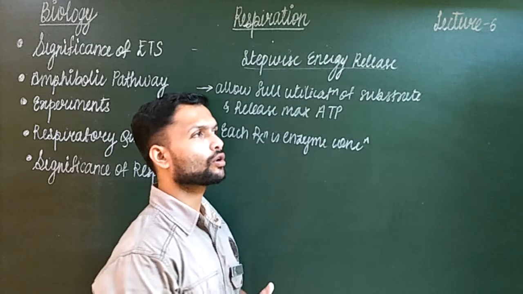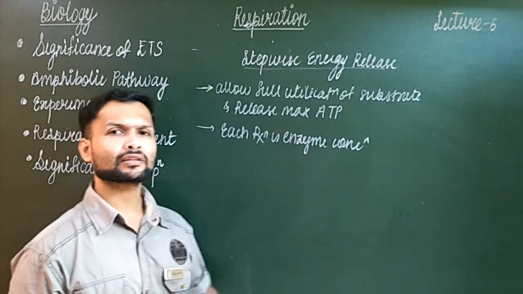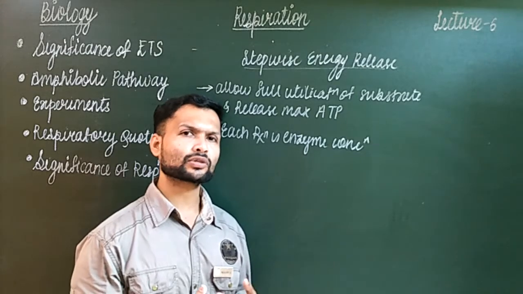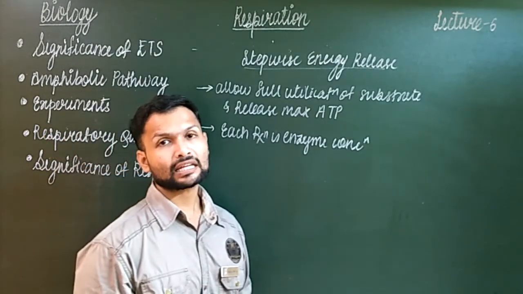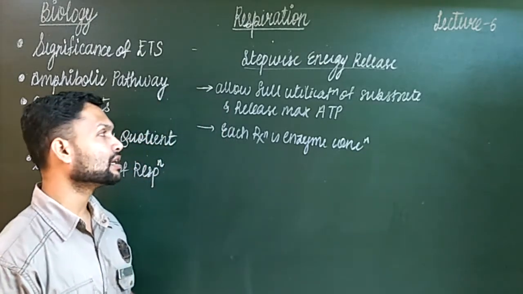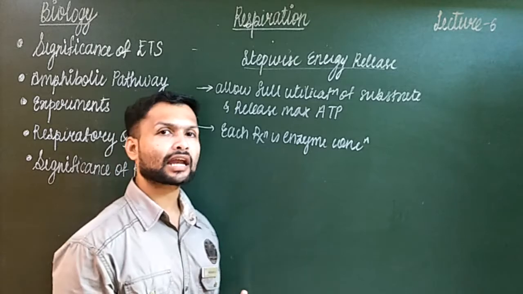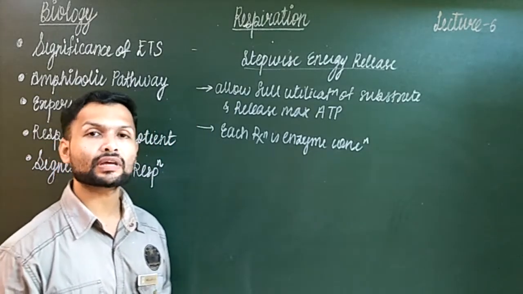Normally when we are sleeping, we breathe slowly and respire slowly, and energy release is also in a lesser amount. But when we do strenuous exercise, the body needs more energy to compensate. At that time these enzymes act proactively and bring about the conversion very fast.